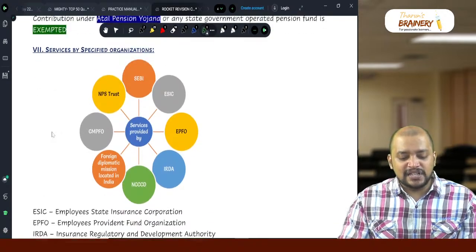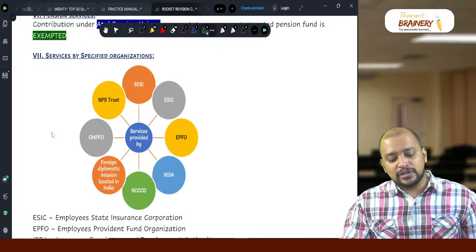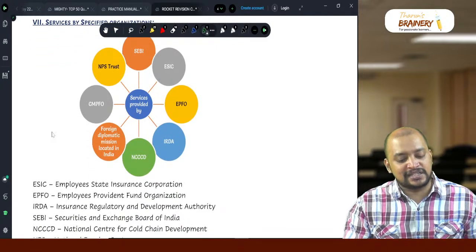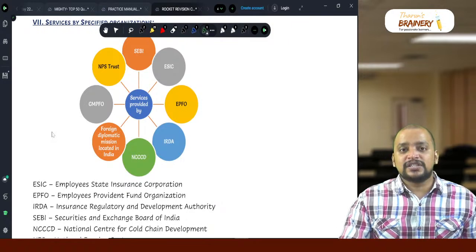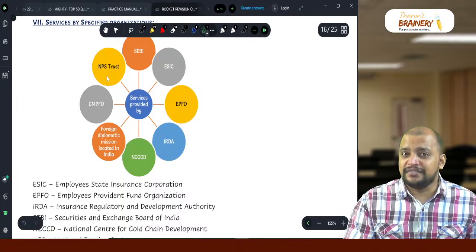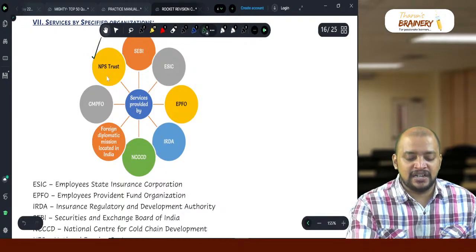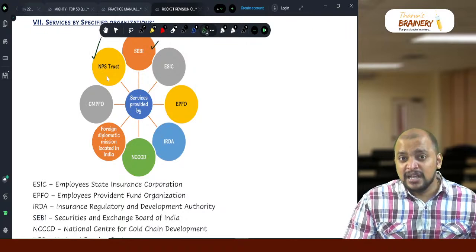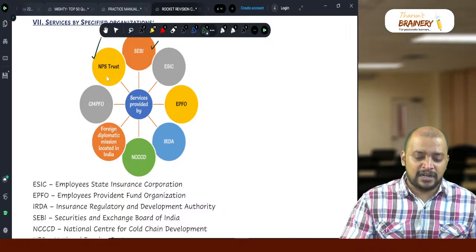Then services by specified organizations. These are the specified organizations and services provided by them are exempted. Services provided by NPS Trust, we have already seen. Then SEBI, Securities and Exchange Board of India, receiving money from the listed companies, exempted.